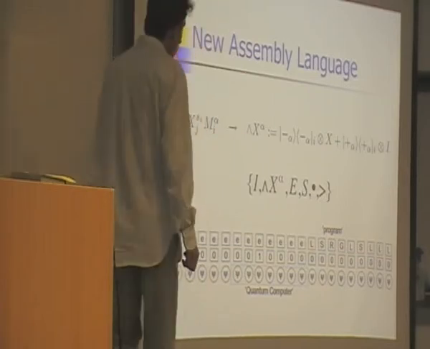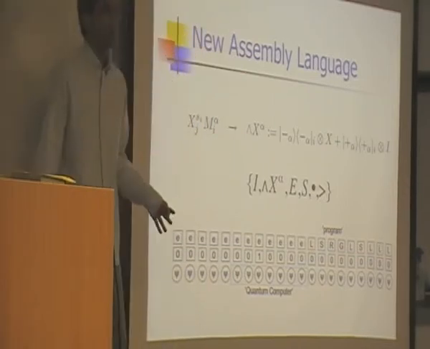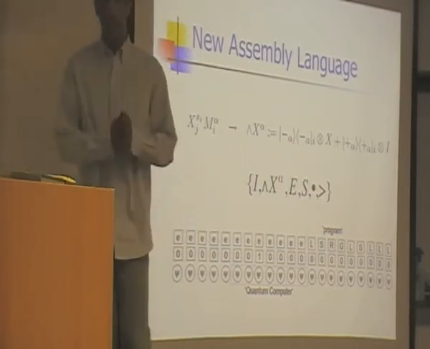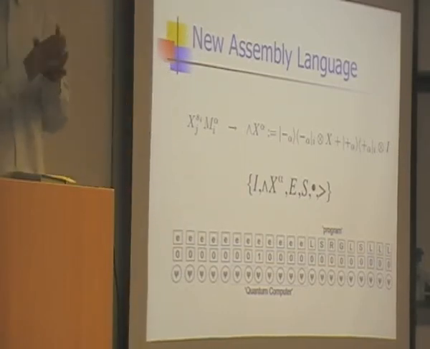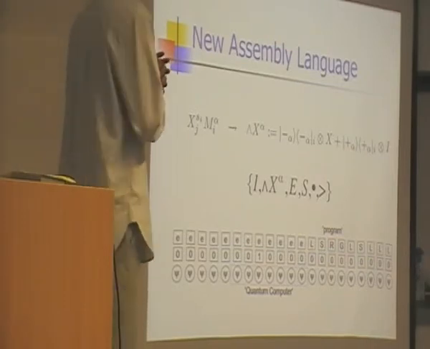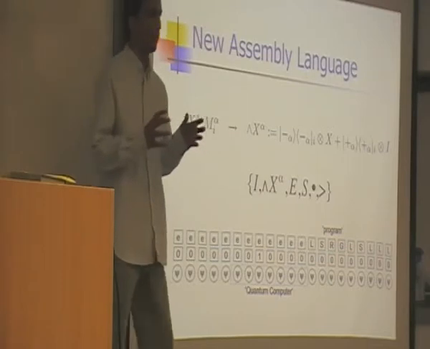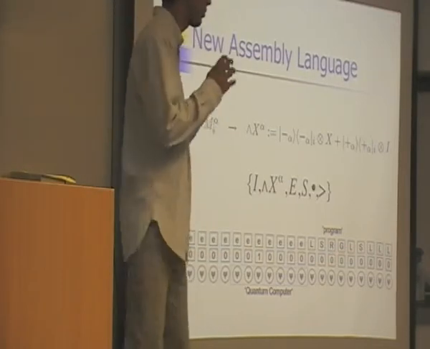But we are not much interested in these architectures today because of the locality of the Hamiltonian, and we want to make the Hamiltonian as local as possible.